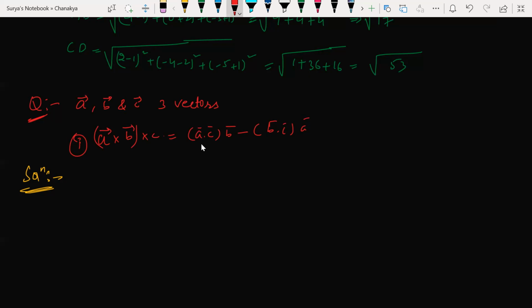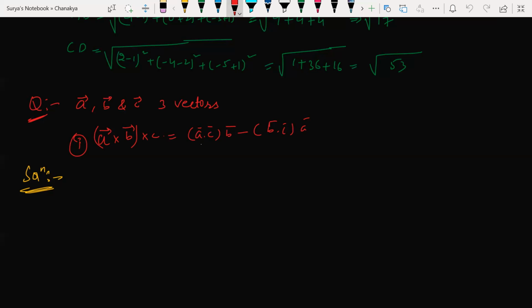On the left side do the cross product and on the right side the dot product, and check whether they are equal or not. Correct? Tell me. Very simple.